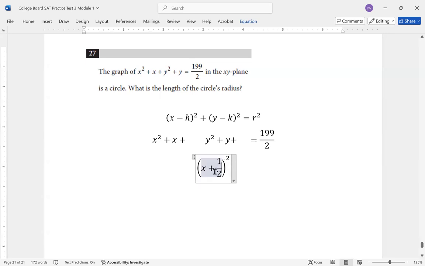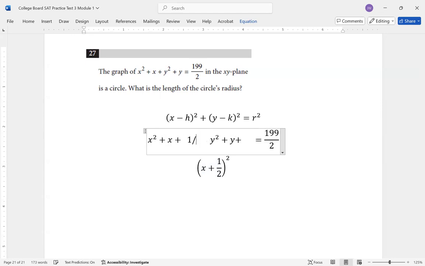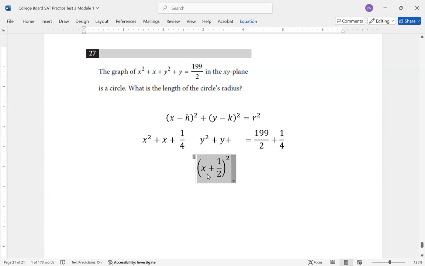And when we square a half, we would have to add 1/2 squared to the left-hand side, which is 1/4. So we're going to add a 1/4. And this x squared plus x plus 1/4 is the expanded version of (x plus 1/2) squared.